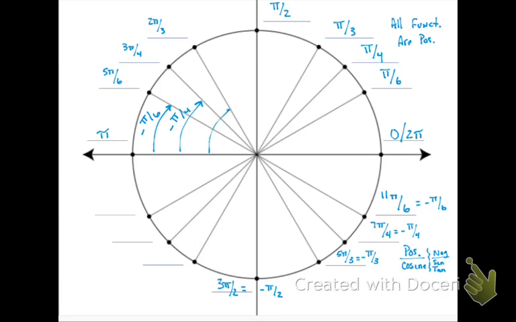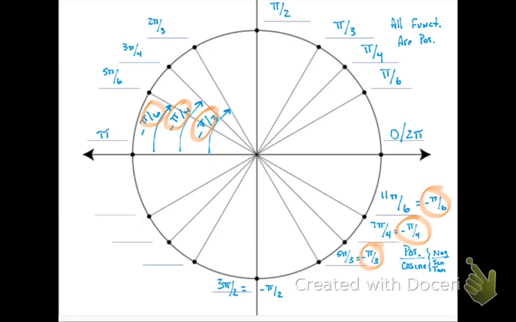And then when we come all the way back to the inside, we're going to be back at pi over 3. Notice that these values match up with the values here.